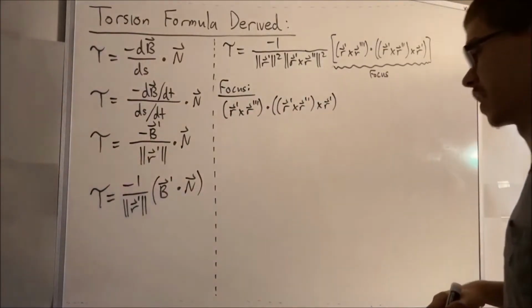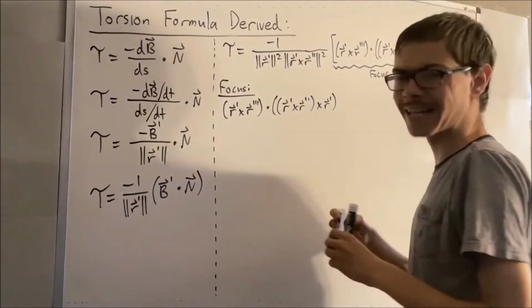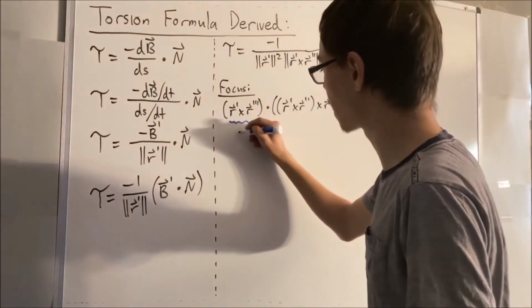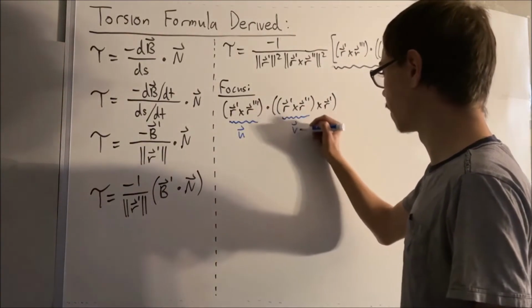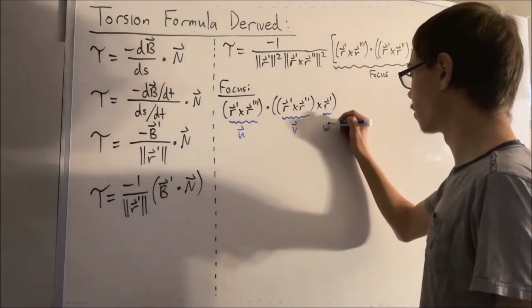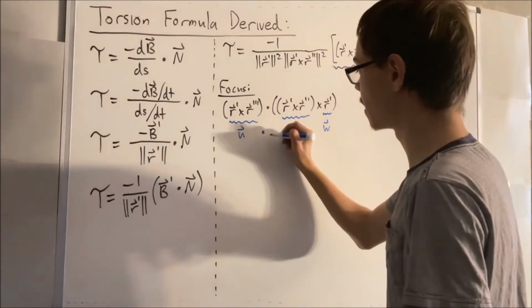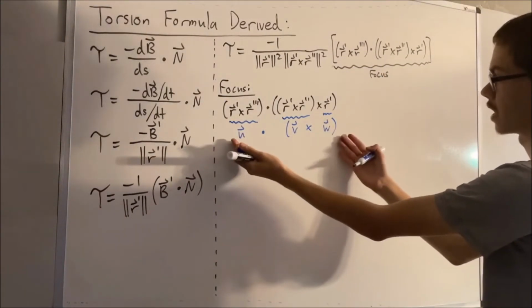What I want you to notice here is that this is in the same form of a scalar triple product. What I mean is, if we call this vector u, this vector v, and we'll just say this is vector w, really, this is in the same form as this, right? And this is the form of a scalar triple product.